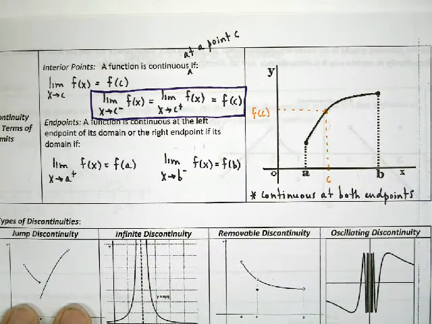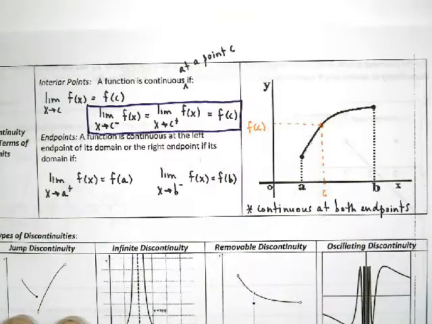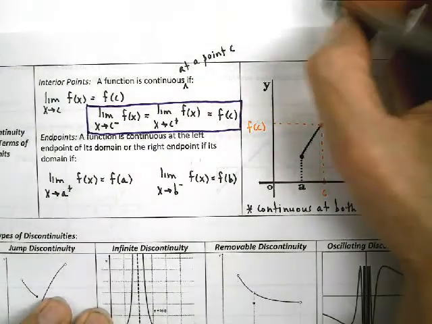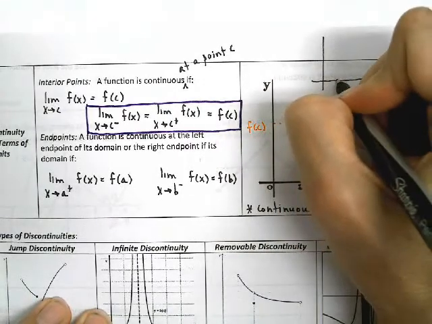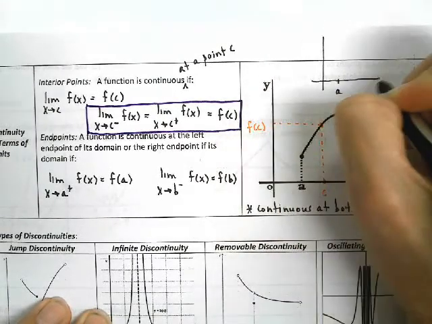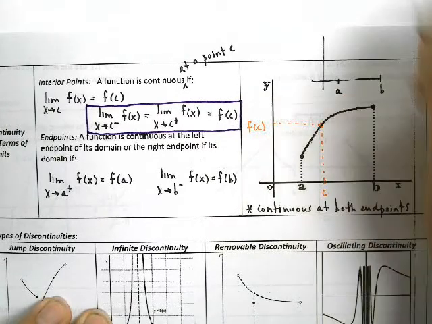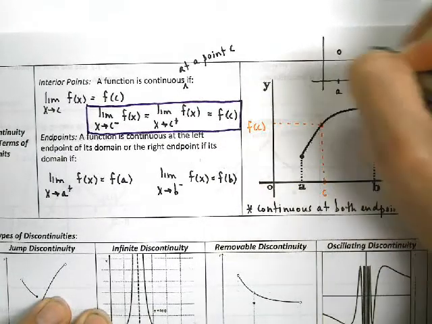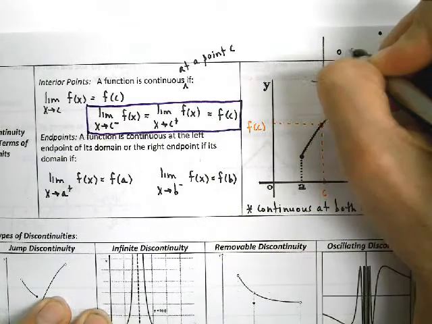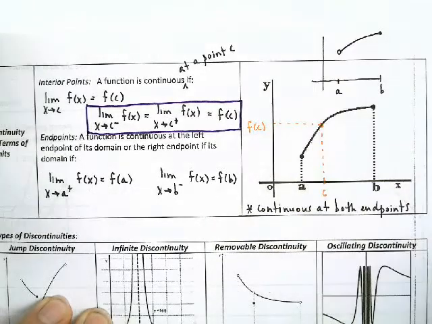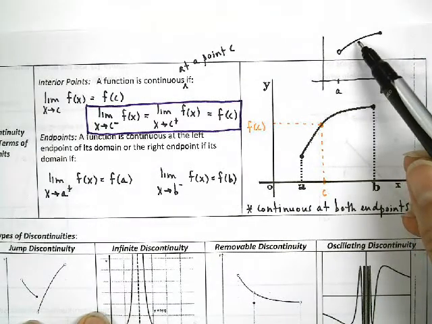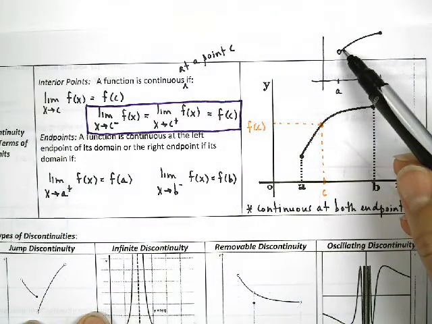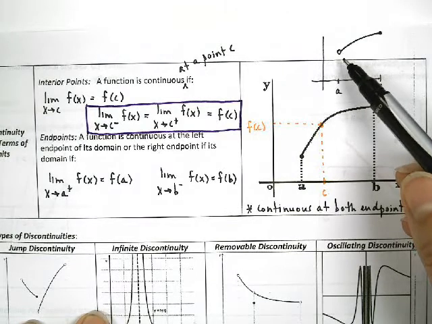Now, really quick, I just want to draw a distinction here. So I'm going to draw a graph similar to this one up here. Let's say I had a very similar looking graph. I'm going to call this A and this B. But let's say my graph looked like this. Now, if I think about the left endpoint, I can talk about that limit as I approach from the right, but f of a is not defined.